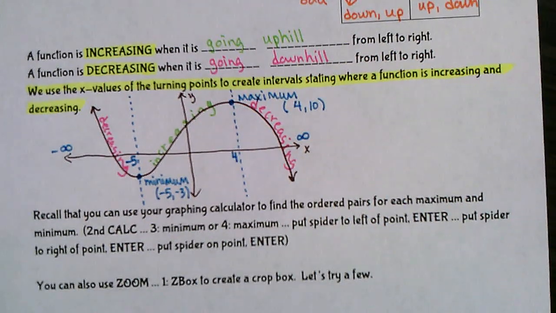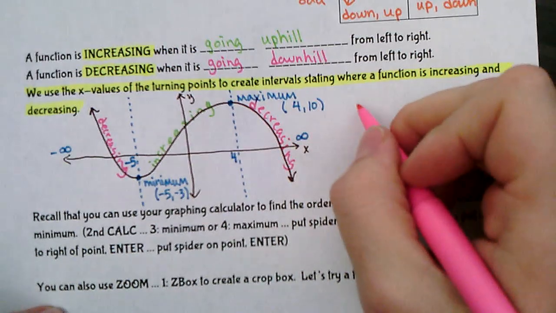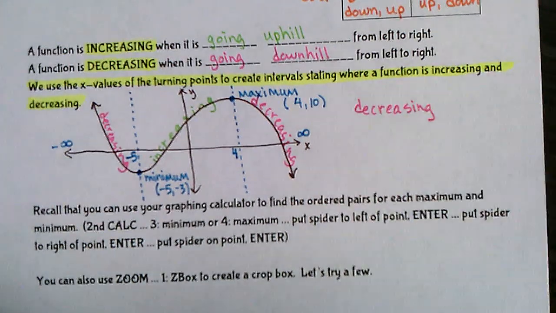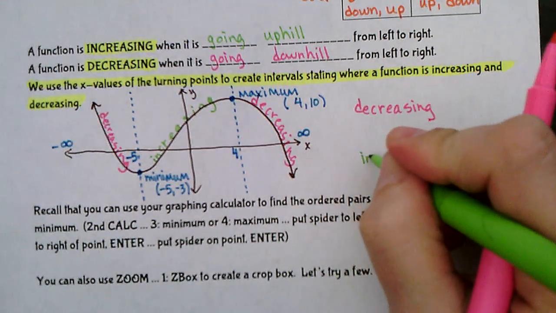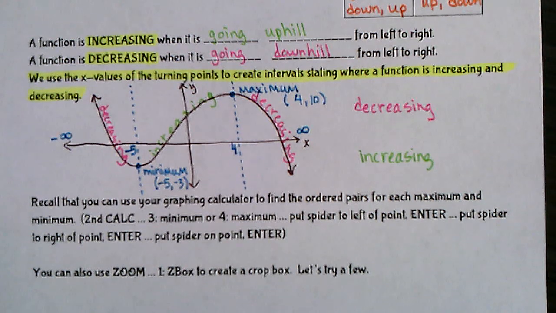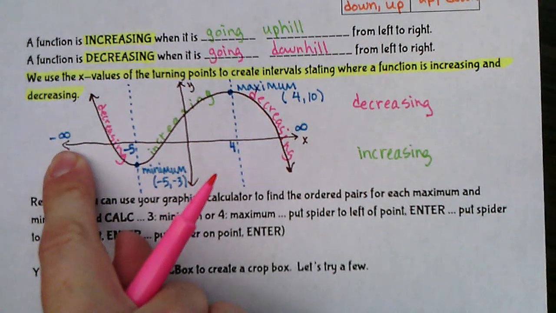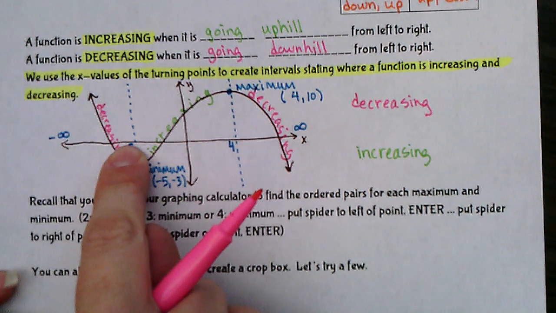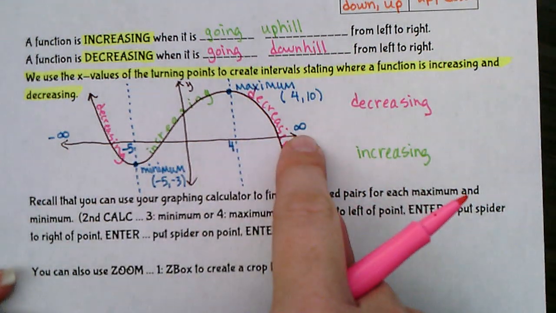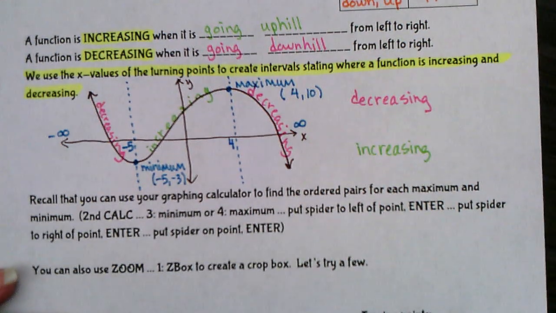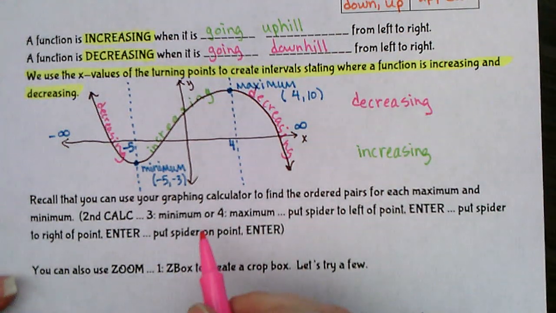So when we want to list our intervals where the function is decreasing and increasing, we're going to use x values. My breaking points on my x values are going to be -infinity, -5, 4, and infinity. All of those numbers are going to be thought about when I list my increasing and decreasing.